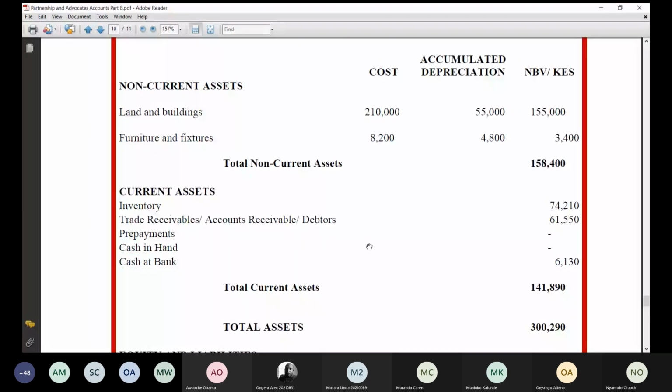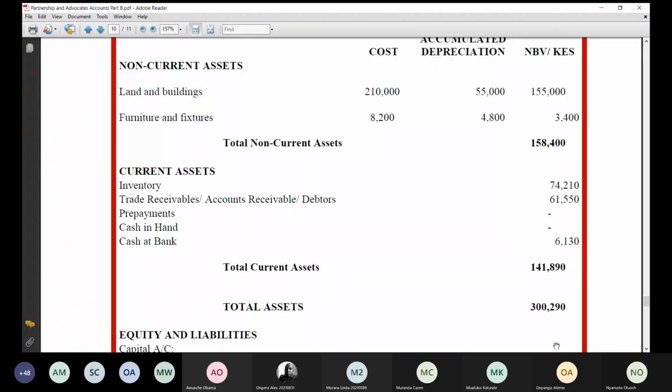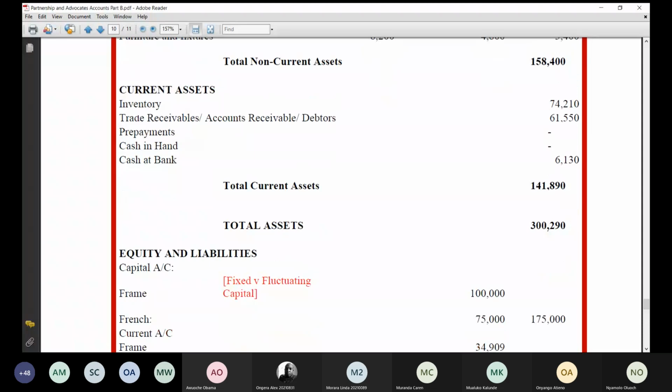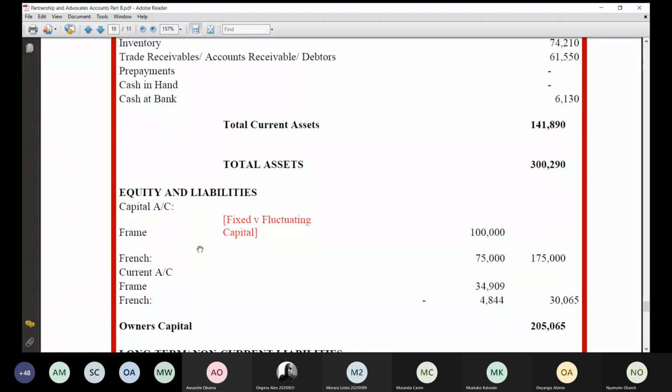Your current assets: inventory at 74,210, trade receivables at 61,250, which I've adjusted with that 150. Cash at bank is 60,110. Total current assets is 141,890. Your total assets are 300,290.